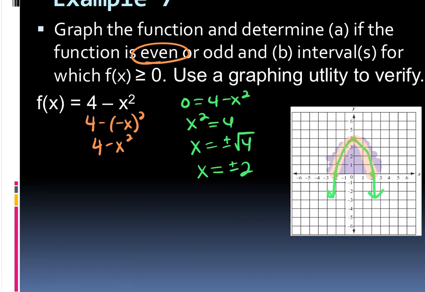I'm going to use the x values. So I would say my graph is greater than or equal to 0 from -2 to +2 with a bracket on each. If it had said greater than and not greater than or equal to, these would now be parentheses. But because it says or equal to, I am including all the x values from -2 to +2.